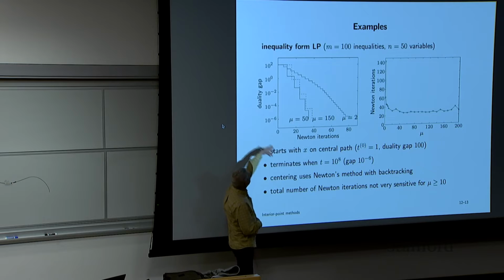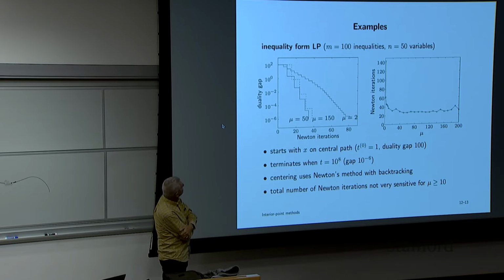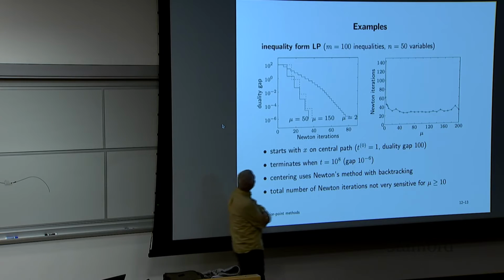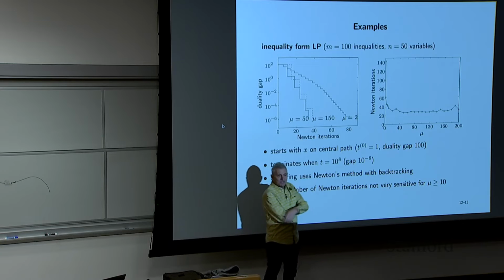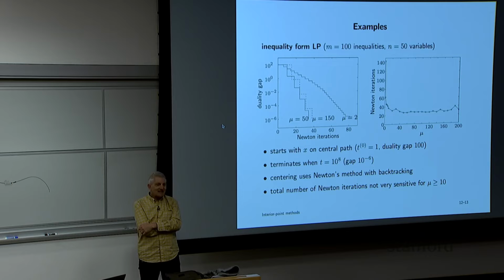Basically, if you kept going, obviously this would get to 10 to the minus 8, but let's take that as an acceptable amount to reduce your gap. We just reduced our gap by a factor of 10 to the 8. And we did the whole thing in, I don't know, let's look at this one, 37 Newton steps.